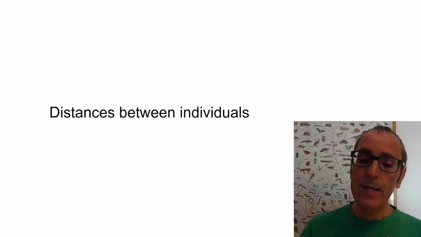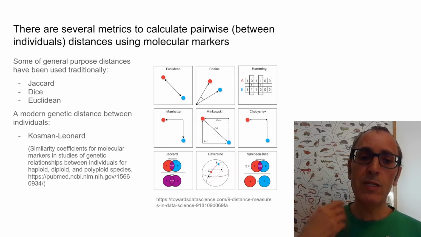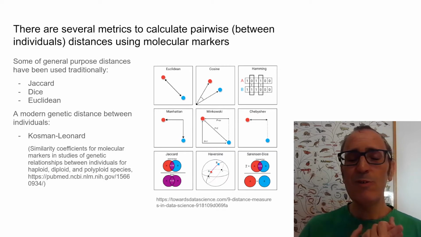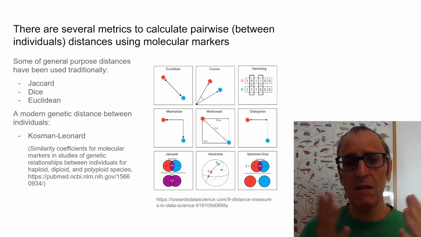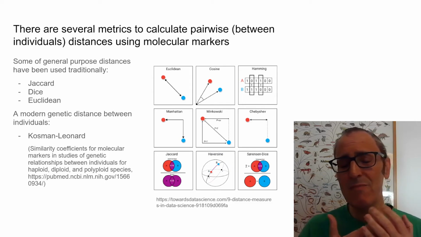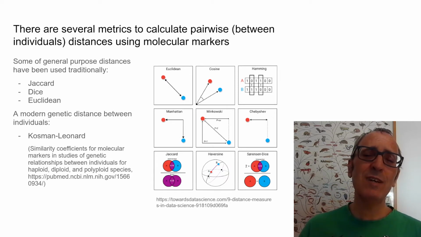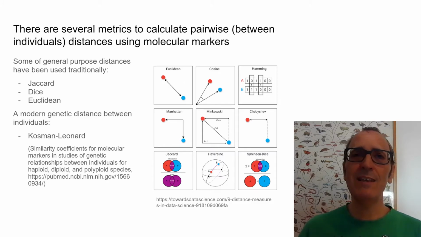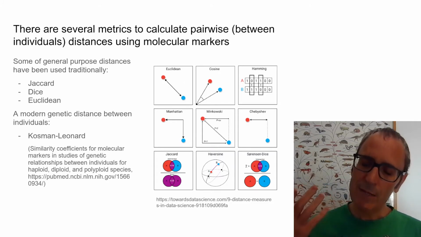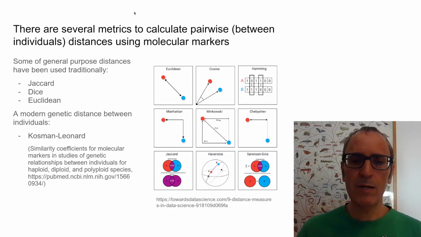There are many measures of distance between individuals. I am not going to go into the details of how these distances differ. They are, I think, more or less similar. Depending on the kind of markers, at the end you get more or less the same ideas, although there are technical differences between them, okay?